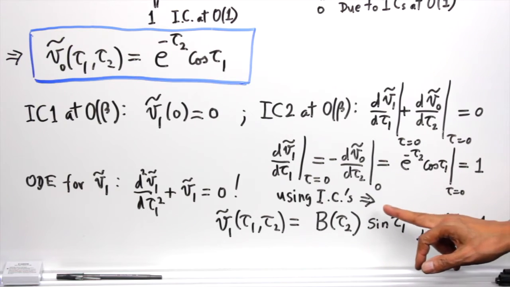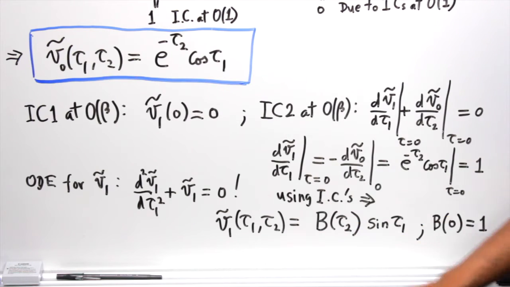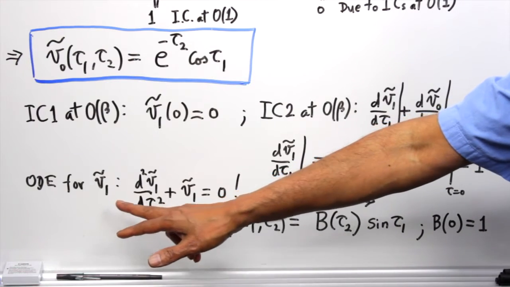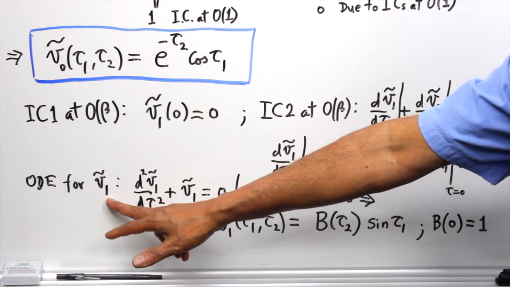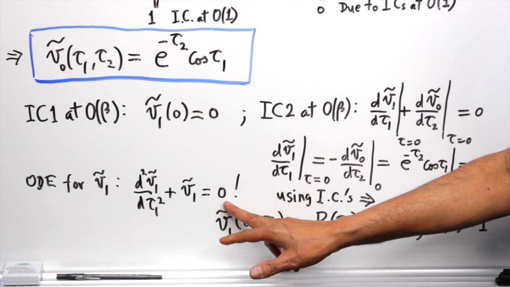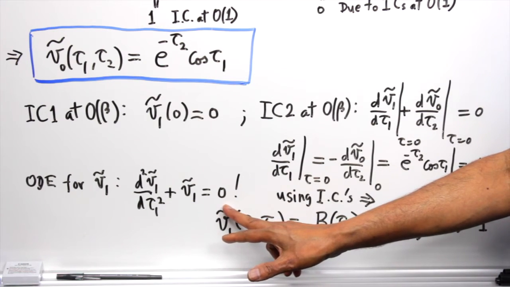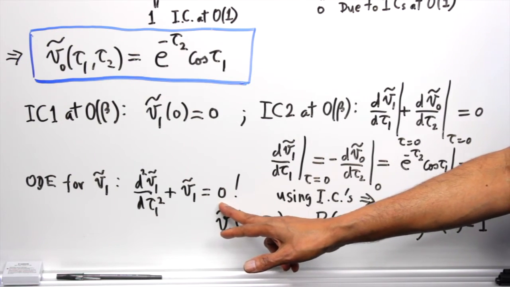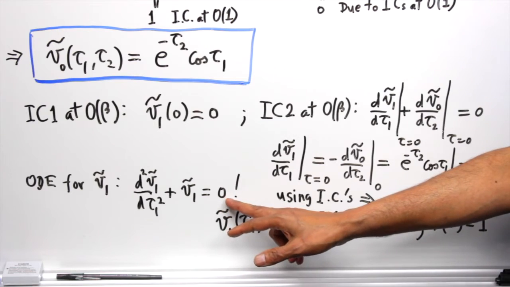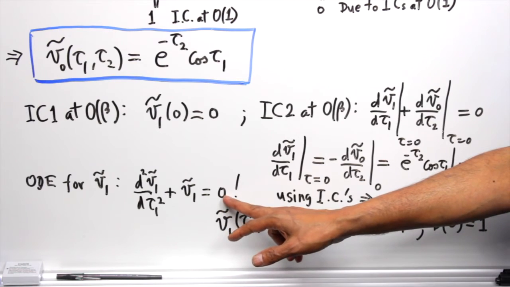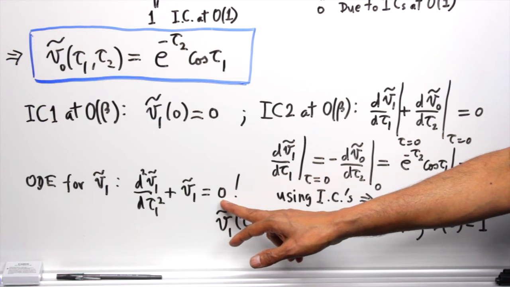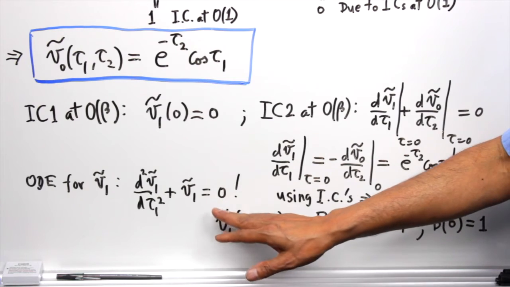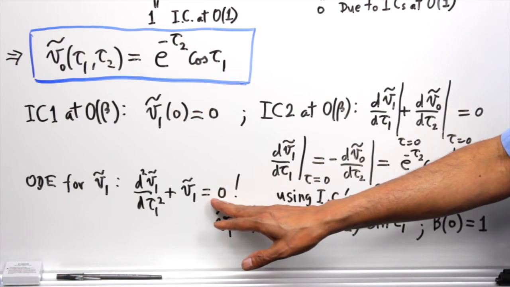And so now we can complete this by recognizing that the equation for v1 tilde has actually become a homogeneous differential equation. Why? Because the secular terms that showed up, we chose the coefficients of those secular terms to be exactly equal to 0, and the terms on the right hand side were entirely secular, and so the coefficients of all the secular terms have vanished, and there are no terms on the right hand side anymore.